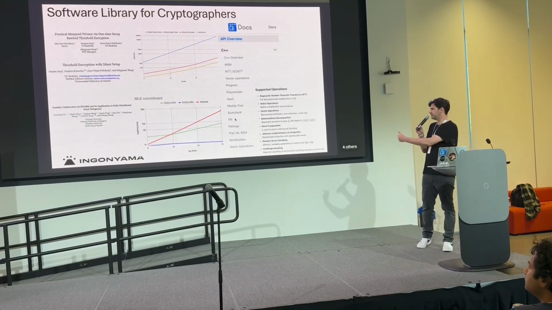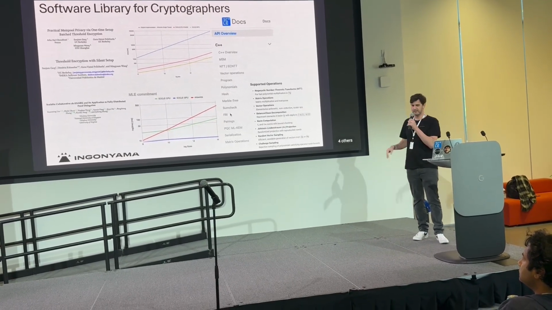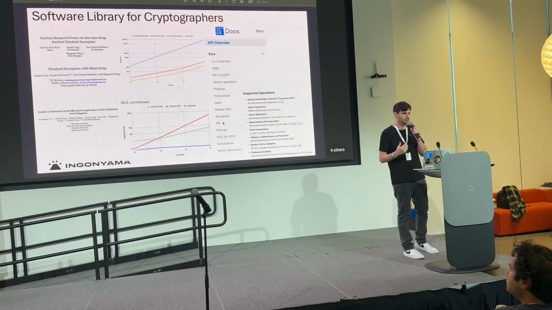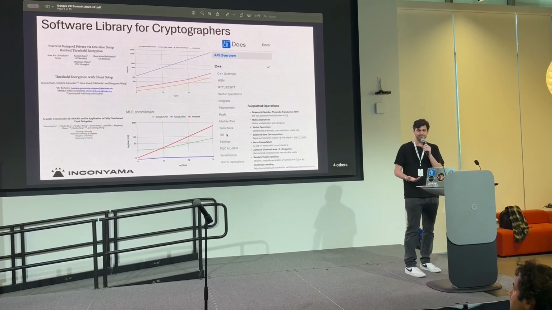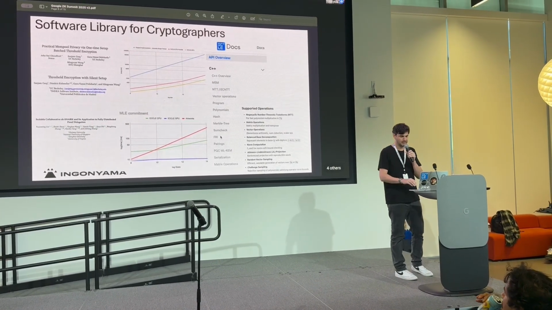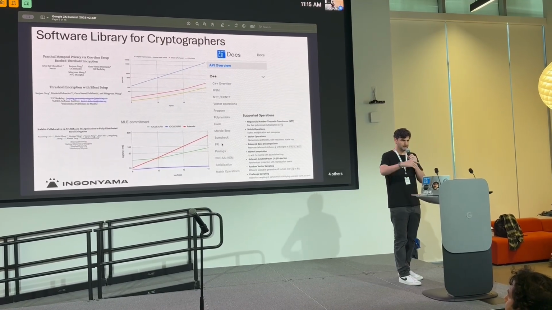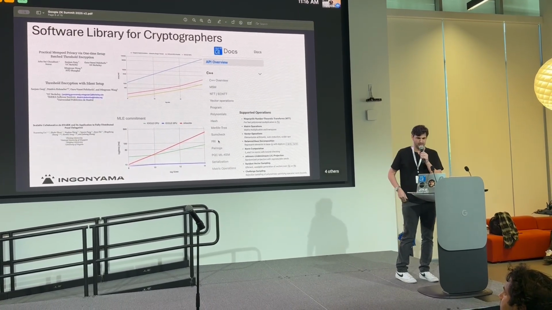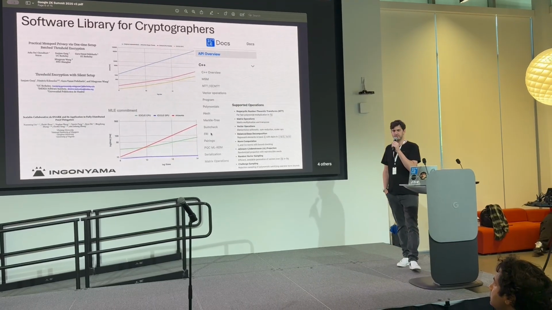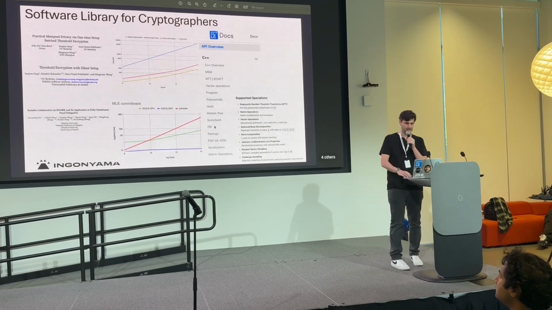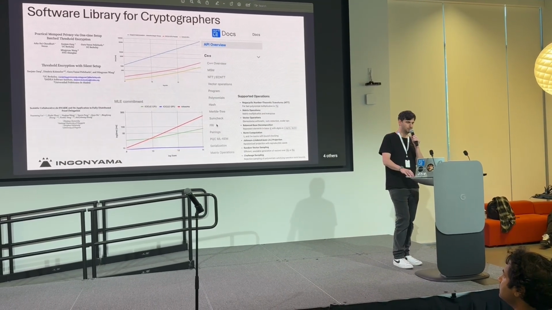And then you can even go further. Right at the bottom, you can see the menu we have for lattice-based cryptography and what you can use to implement your lattice cryptography. In the next few slides, I'm going to quickly cover different aspects of the software that we developed and how we scaled it over the last year or so.